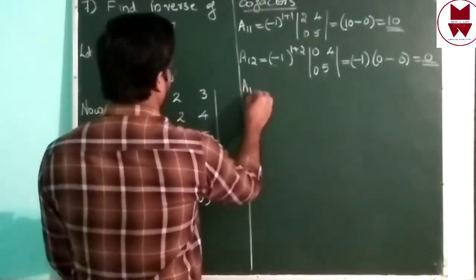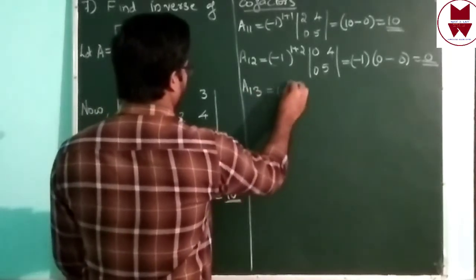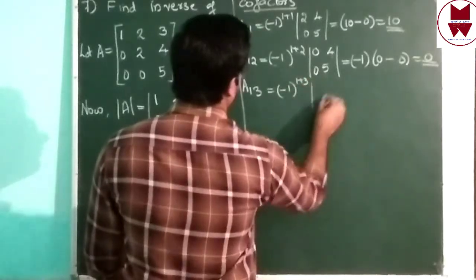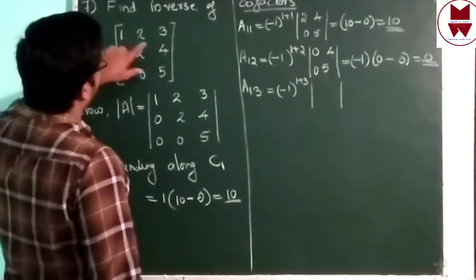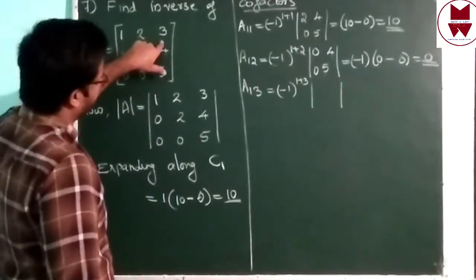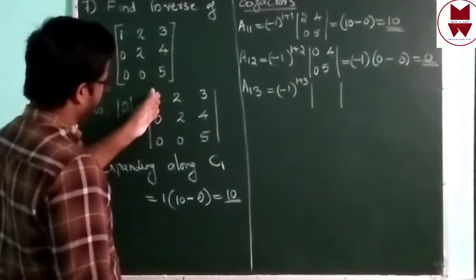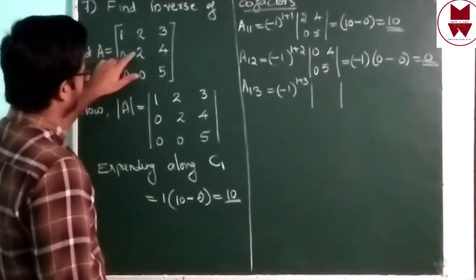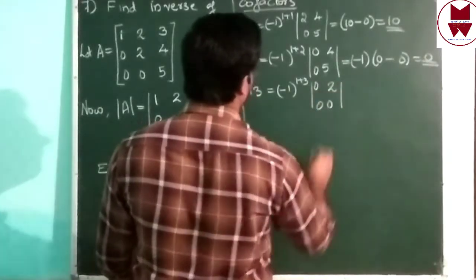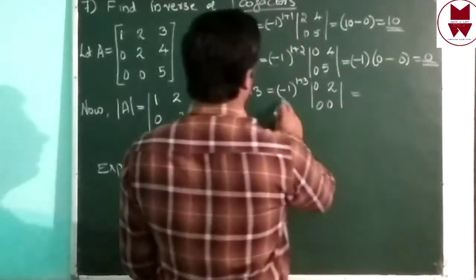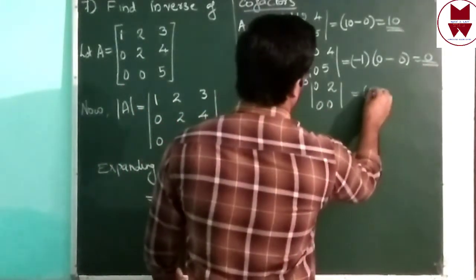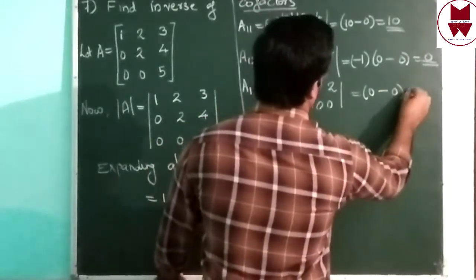Next A13: minus 1 raised to 1 plus 3, cofactor of 3, first row and third column deleted, then remaining 0 2, 0 0. Equal to minus 1 raised to 4, that will be plus 1, then 0 into 0 is 0 minus 0 into 2 is 0, answer will be 0.